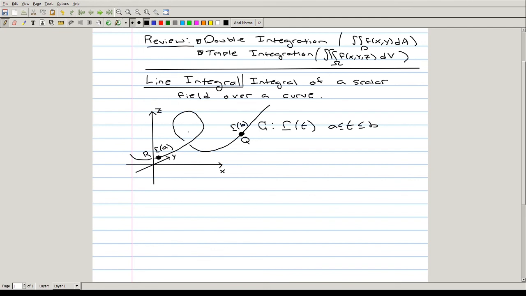And every single point along this curve is parameterized by this parameter t.